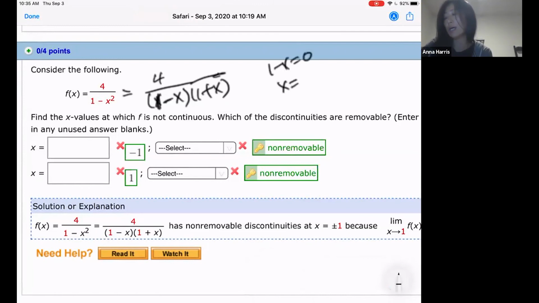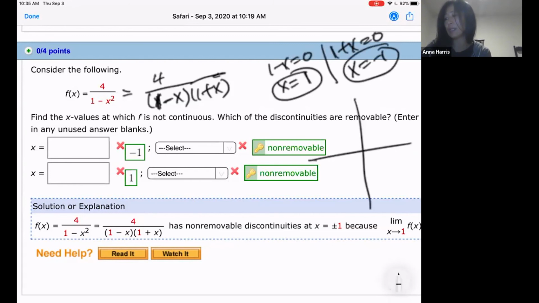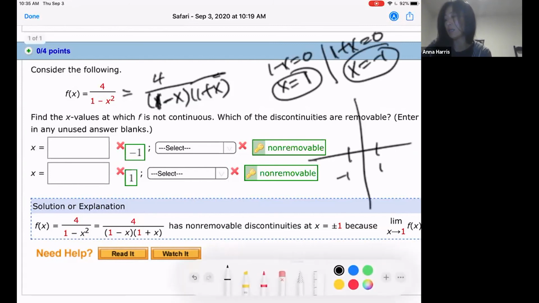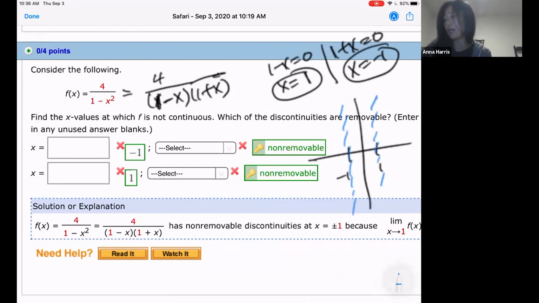X equal to 1. And then 1 plus x equal to 0, which means x equal to negative 1. So I have 2 asymptotes. So when I graph, I will have an asymptote here and an asymptote over here.